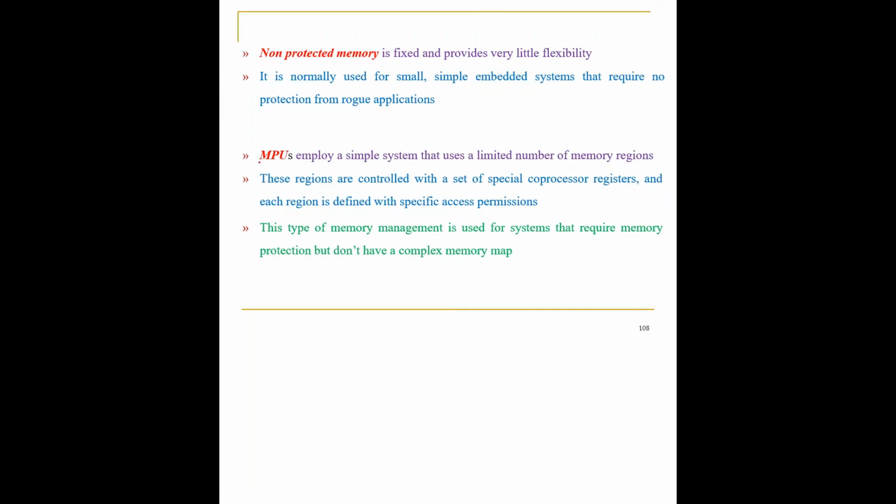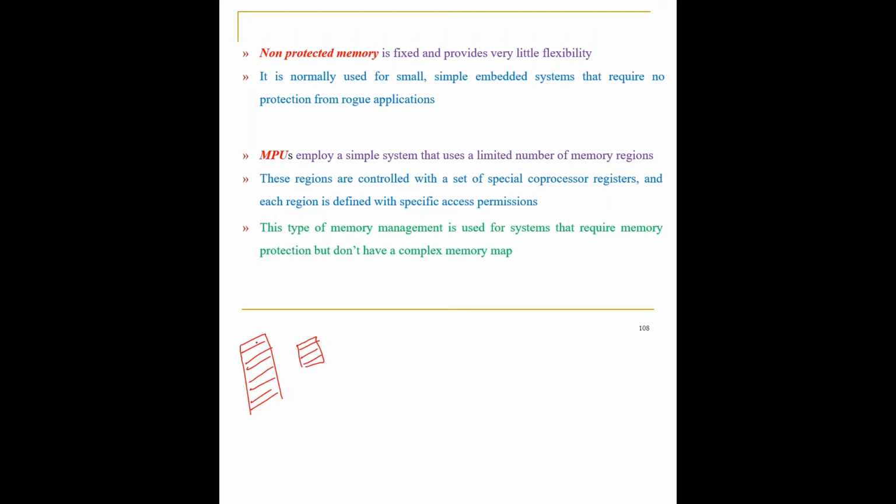The next one is called the memory protection unit. Memory protection units employ a simple system that uses a limited number of memory regions. These regions are controlled with a special set of coprocessor registers, and each region is defined with a specific access permission. So basically, if this is your memory, you will have some coprocessor registers here.